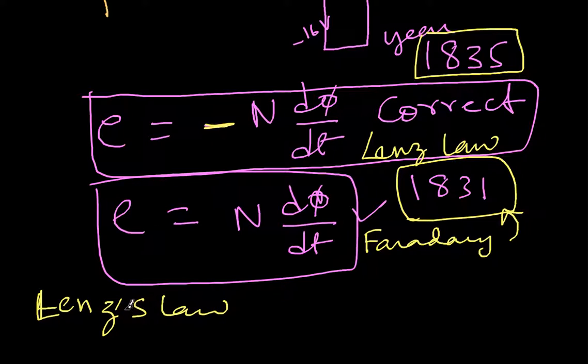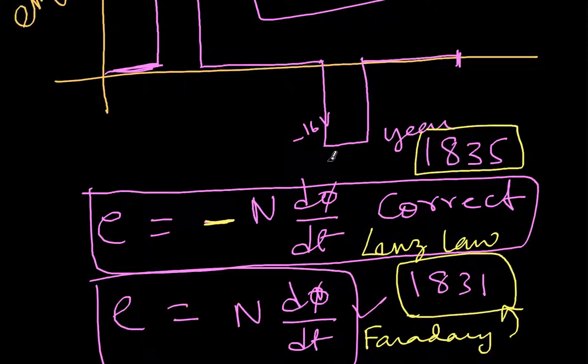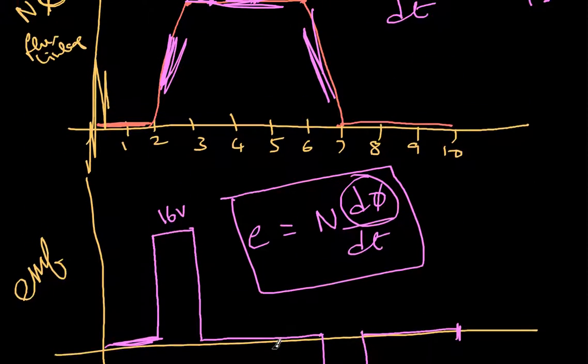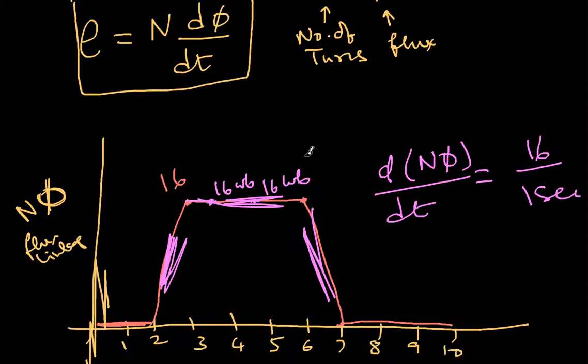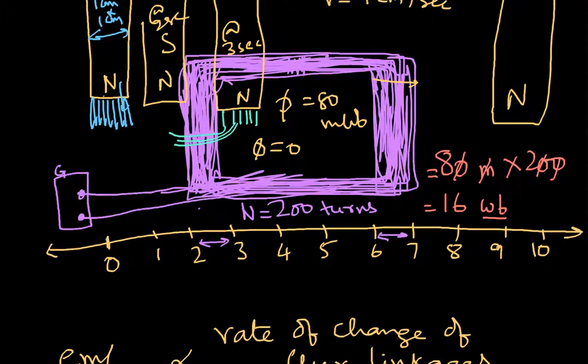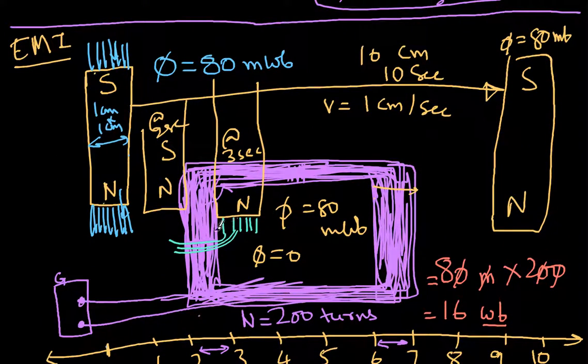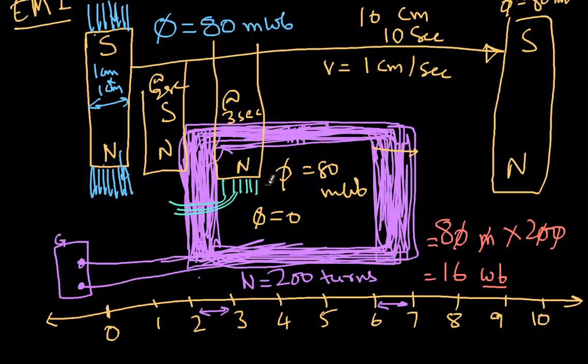So, what does it actually mean? Let's get some meaning into it. If you recall my previous videos, I've talked about an experiment. The experiment is something like this. We have a coil. The coil is placed between 2 centimeters and 3 centimeters, and the other side of the coil is between 6 centimeters and 7 centimeters.